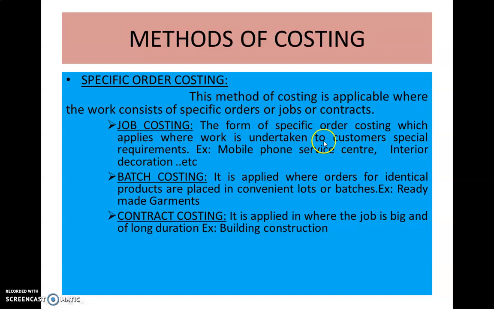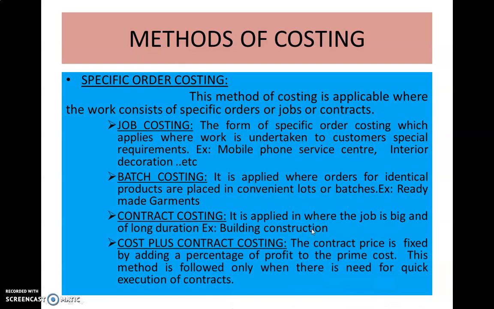Job costing takes very little time and contract costing consumes longer time. It is applicable in the field of construction, and contract costing is otherwise known as terminal costing. Each contract is given an identification number, say contract number 1, contract number 2. Likewise, it applies normally to construction work such as construction of roads, bridges, buildings, etc.